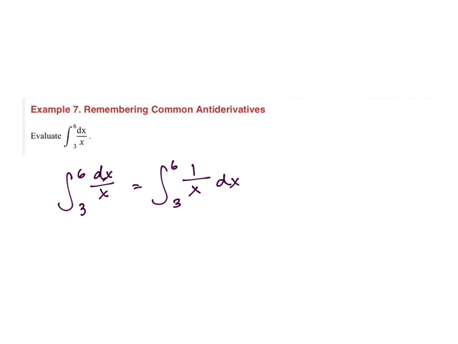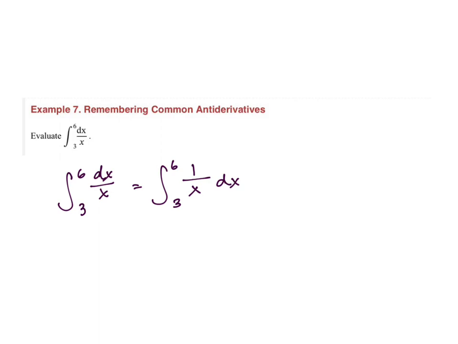All right, so what is the antiderivative of 1 over x? Natural log x, right. So this is a common antiderivative, and they're telling you, remember those things. The derivative of natural log is 1 over x, so the antiderivative of 1 over x is the natural log of x.